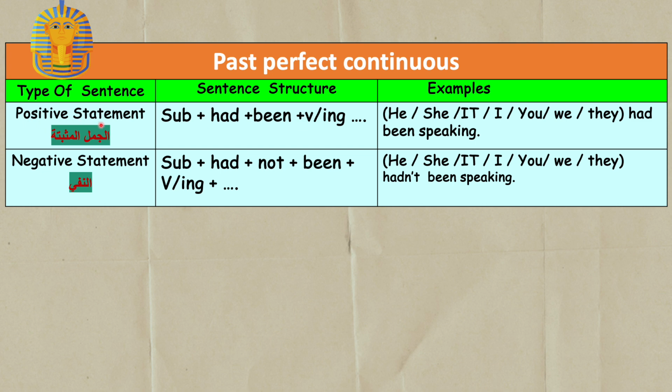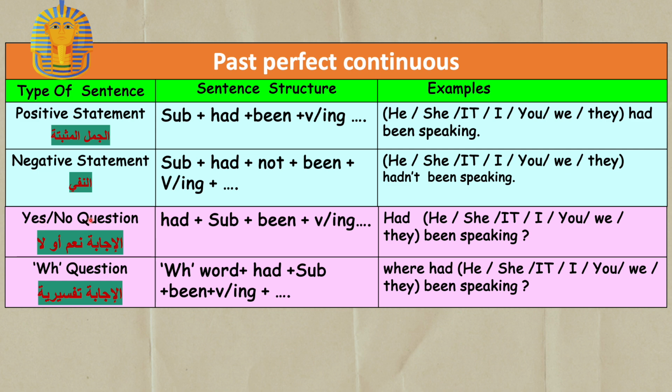So, to make a positive statement, start with subject, had been, plus verb ing and the rest of the sentence. To make the negative, start with subject, had not been, and the verb ing. To form a question, for yes and no questions, short answer, we start with had, subject, been plus verb ing.